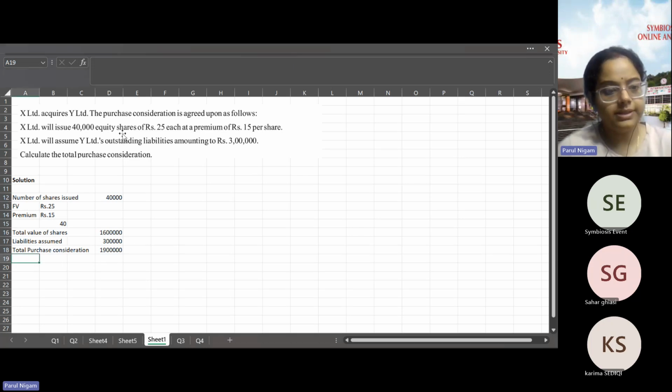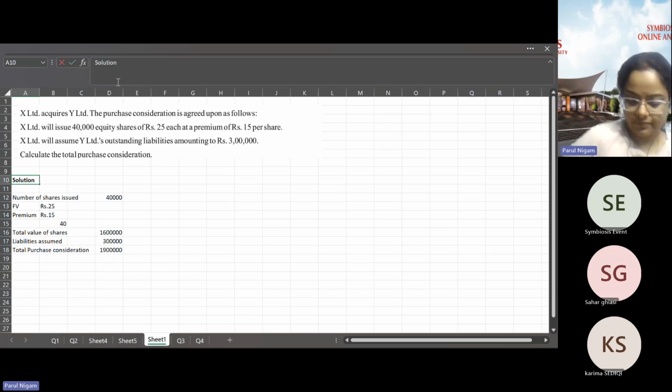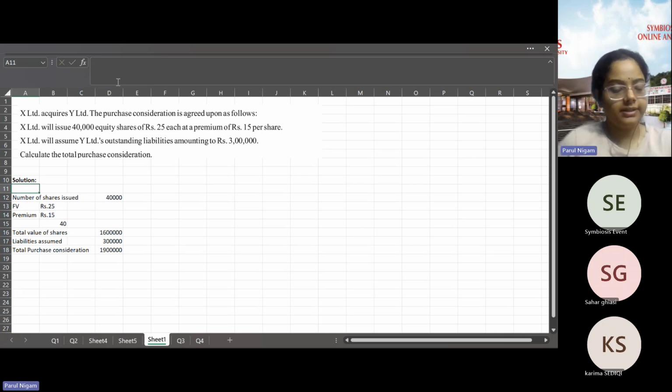Were you able to understand this question, this example? Any difficulty in understanding this concept? This concept is slightly different from your other units, but not that difficult. Anyone who wants to understand it once again?